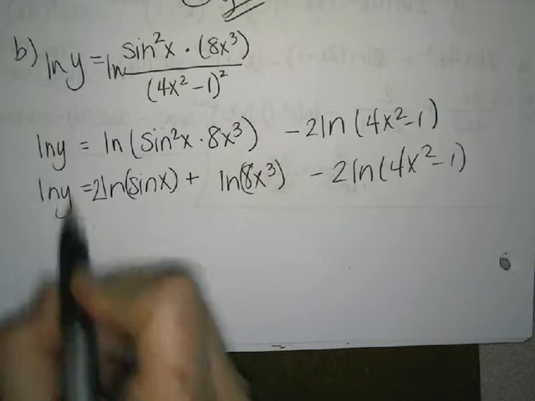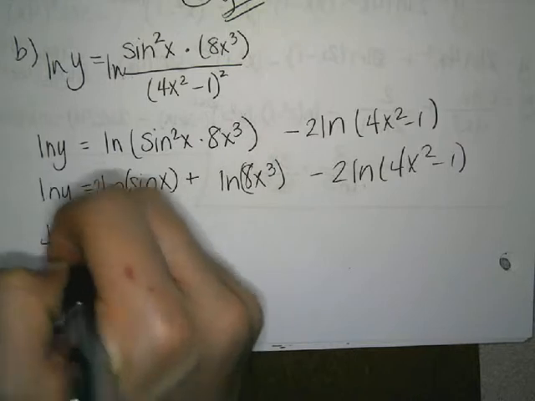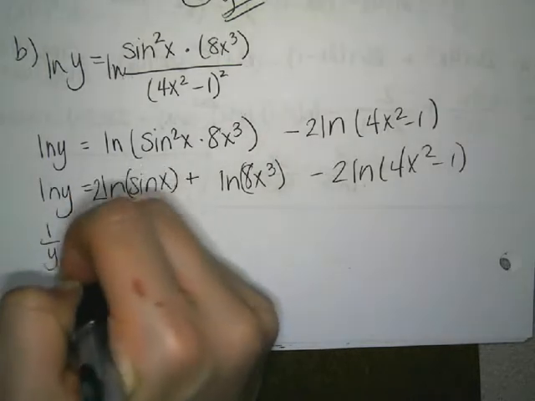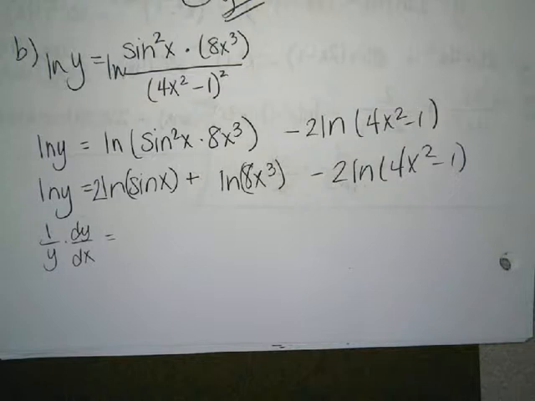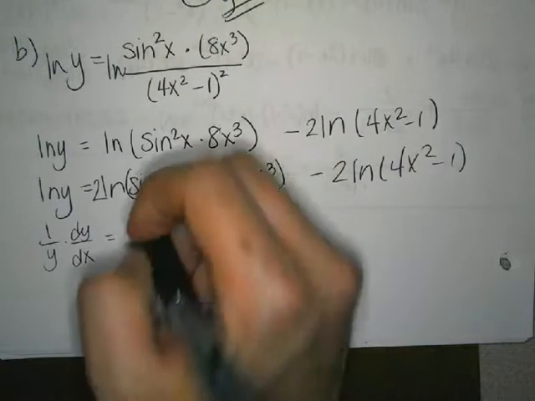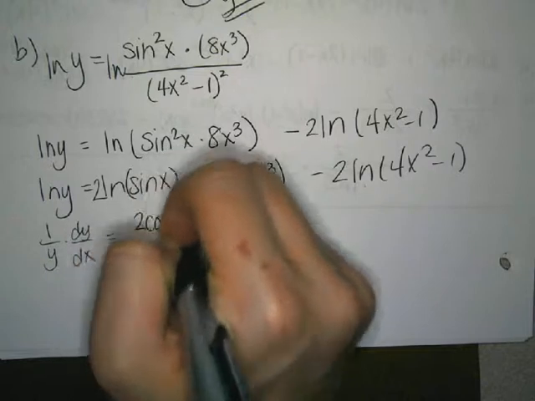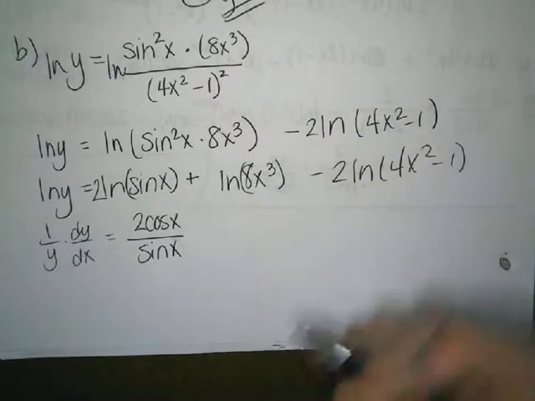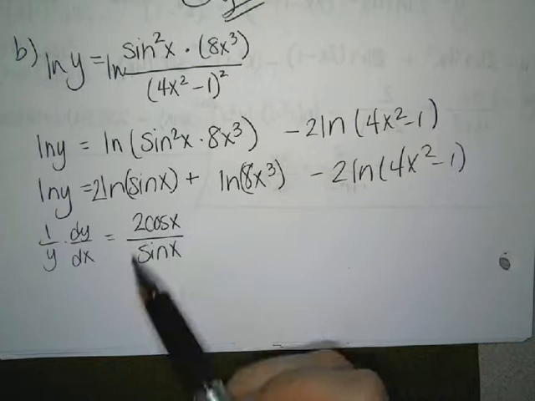So the derivative of ln of y is 1 over y times dy over dx. The derivative of that next term is going to be u prime over u. What's going to be u prime there? What's the derivative of sine? Cosine. So you'd have 2 cosine x over sine x, which we could make that a cotangent if you really wanted to.